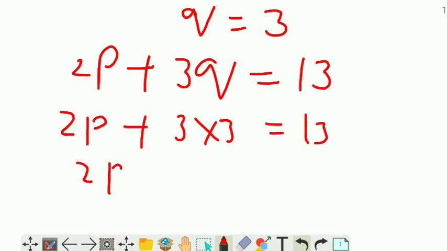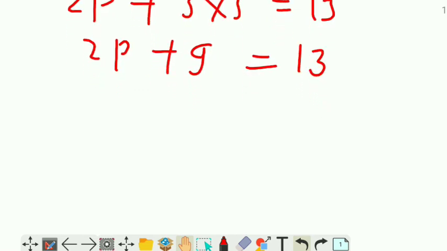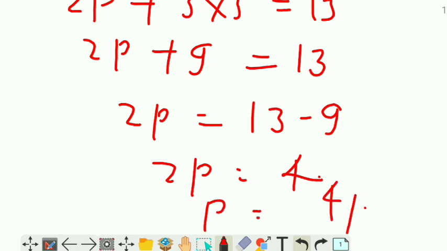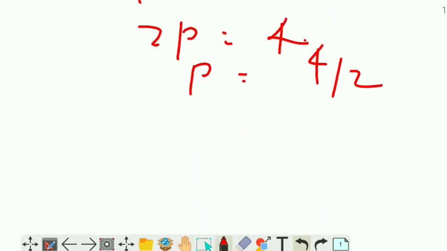So 2p, 3 threes are 9, and when we transpose it, it becomes a negative term. So 2p is equal to 13 minus 9. So 2p is equal to 4. So p is equal to 4 upon 2. So we can write p is equal to 2. Now the value of p is 2.